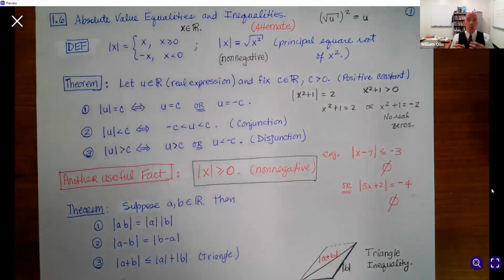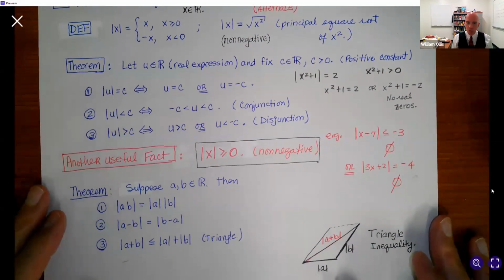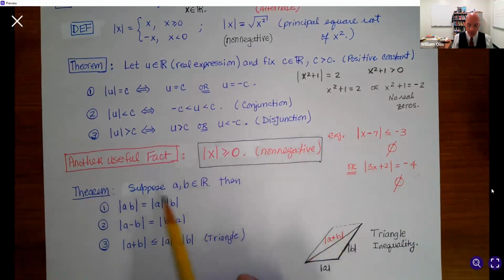Now you can manipulate the u and then use properties of absolute value to rewrite things and then apply the theorem. That's fine, and I'll show you how to do that. But in order to do that, we need to know a little bit about absolute value. If we've got two real expressions here, we'll keep that as our context.